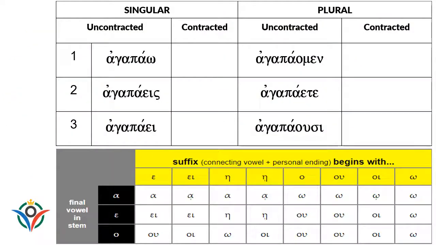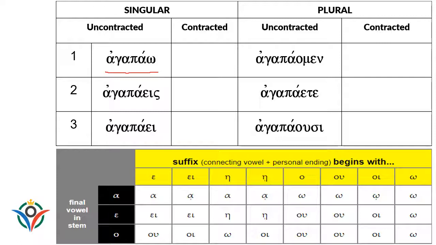Right, in our third exercise, we're going to challenge ourselves a little bit, and we are going to parse all the forms of agapao, the first, second, and third singular and plural forms. All right, and I'm also going to help you by using the contraction chart here below, but also just to remind you of the rules as we go along. So the first one is agapao. So what are we actually doing here?